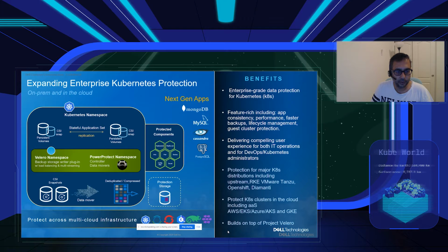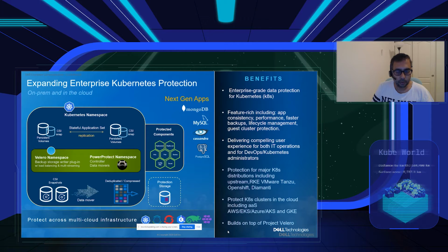And then within the cluster, we also have data movers that basically compress and dedupe the data before writing it to the backend protection storage. In this case, PowerProtect Data Manager supports Data Domain Virtual Edition and different kinds of appliances that can be used for protection storage.